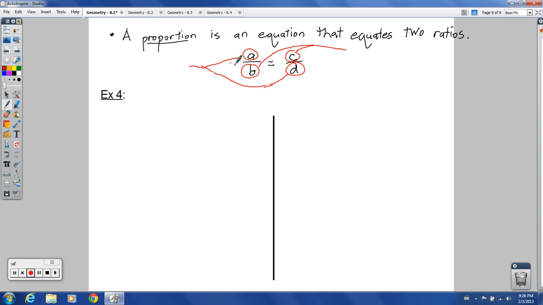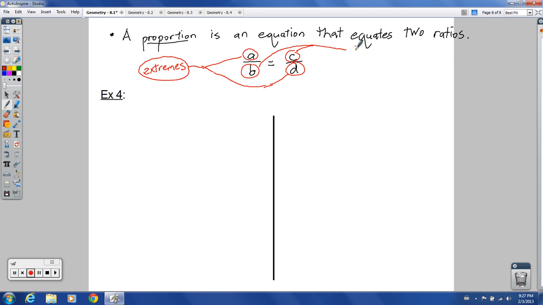So these are kind of the extreme parts of the fraction, the very beginning and the very end. If you read this proportion kind of like a book almost, left to right, up to down, you're going to have A be the beginning and D be the end, at the extreme ends of the fractions. That helps me remember why we call these the extremes. These are the extreme parts of the fractions.